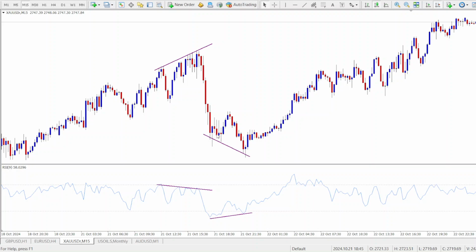Can we see that shortly afterwards the price went up? So divergence is one of the strategies that is used with the RSI.